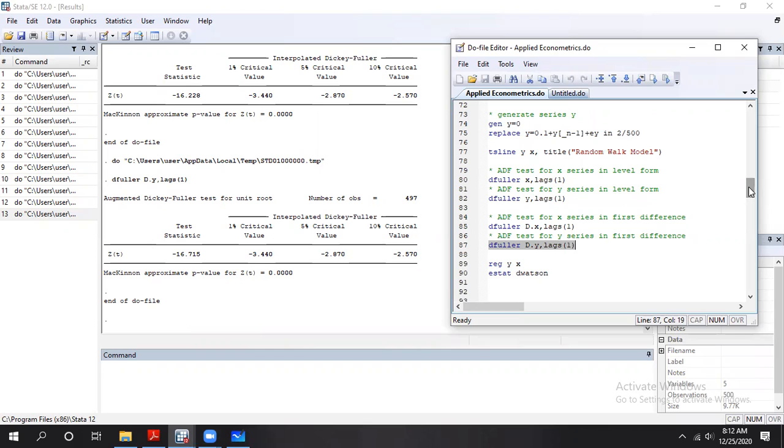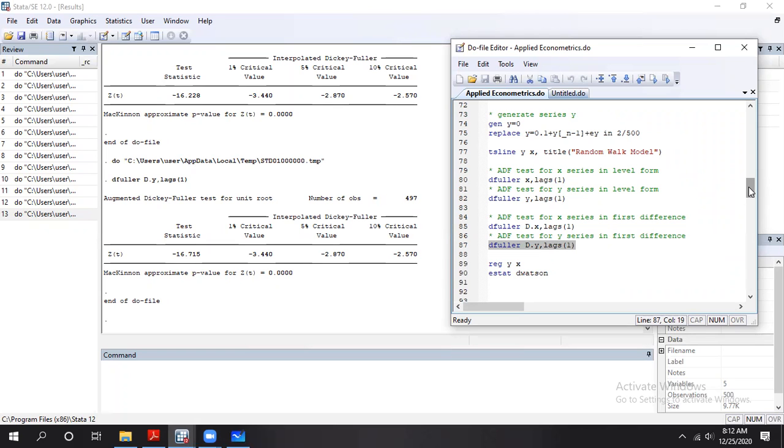We need to remember that Y_t and X_t were generated independently, and when we performed the unit root test, it showed that the data of Y_t and X_t is non-stationary in the level form, but stationary at the first difference. Let's say we don't know the result, we don't know the stationarity of X_t and Y_t.